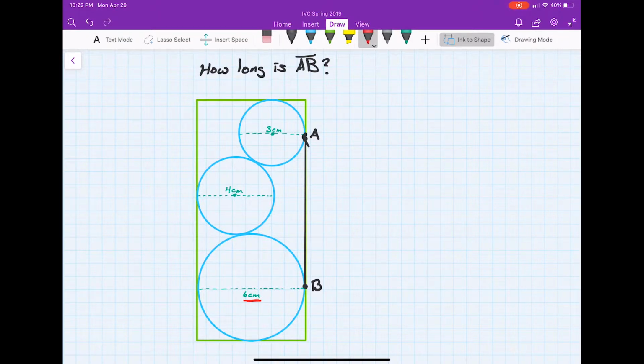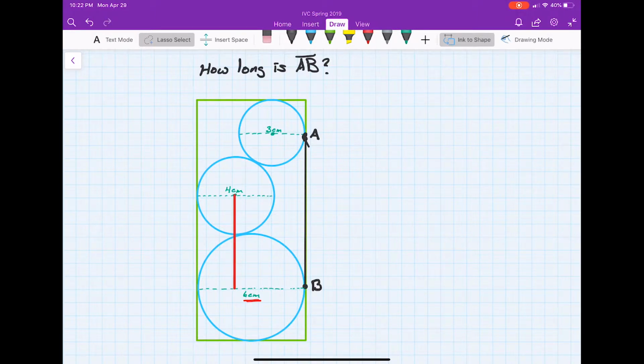So the first thing I look at is this bottom circle has a diameter of 6 centimeters. Well, that tells us what two sides of the box are. I can drop an altitude from the center of this circle down to this diameter.